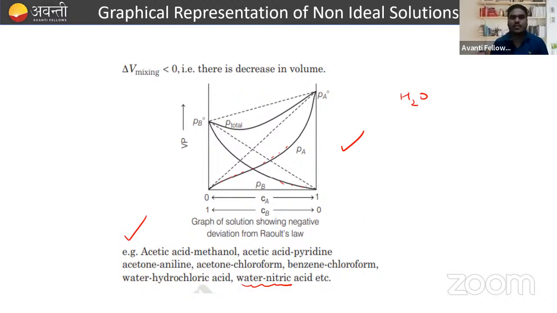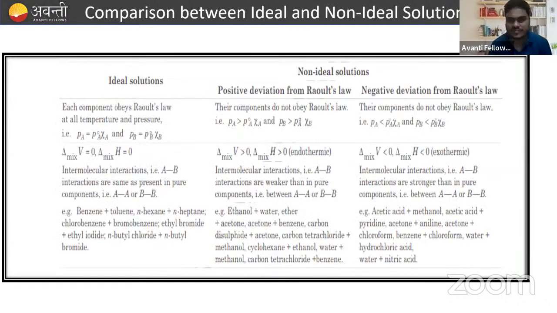And due to this, the bond becomes very strong. If the force of attraction between the solute and solvent increases, then definitely the escaping tendency decreases. And due to this only, they show negative deviation. So I hope it is clear to everyone, that is, what is negative deviation, what is positive deviation, and what are the two factors, right?